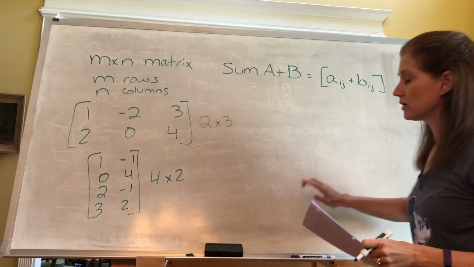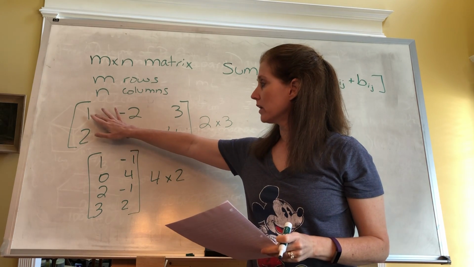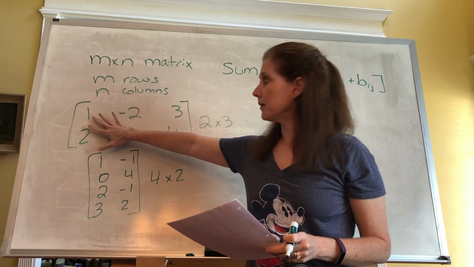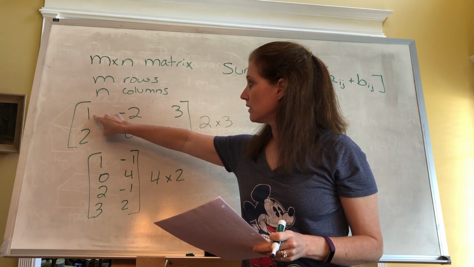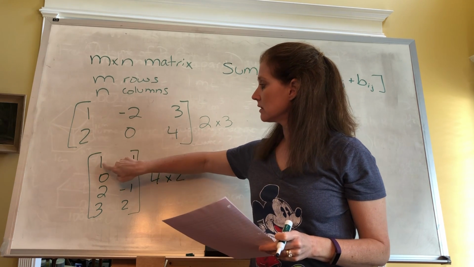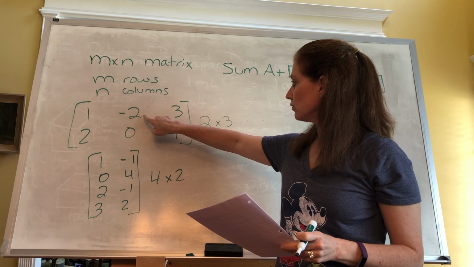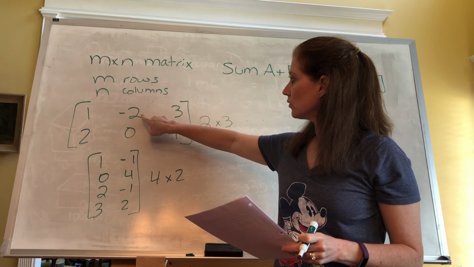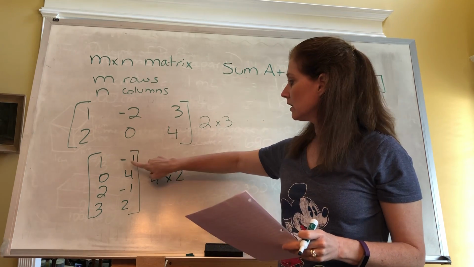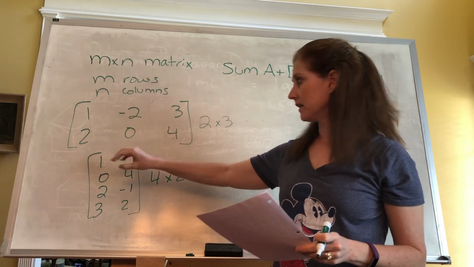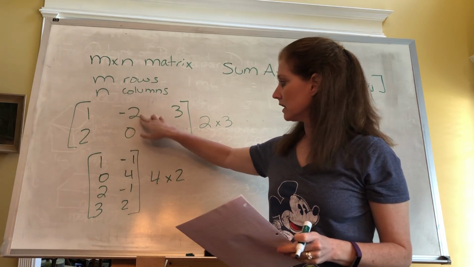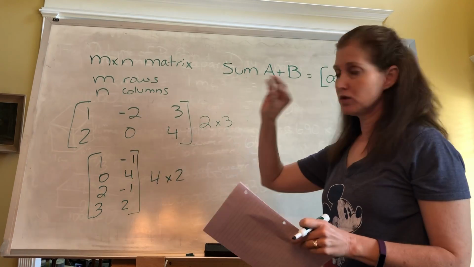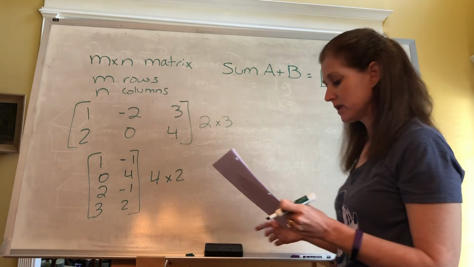Basically the ones that are in the same space. The ij is 1, 1. This is 1, 1, and this would be 1, 2. So you would add the 1 to the 1, the -2 to the -1. Like I said, these aren't going to add, but you're looking for the same places.